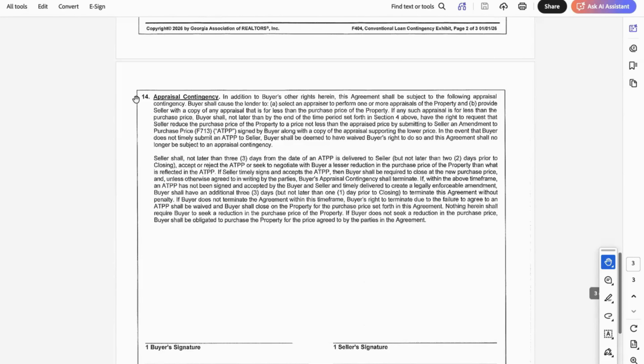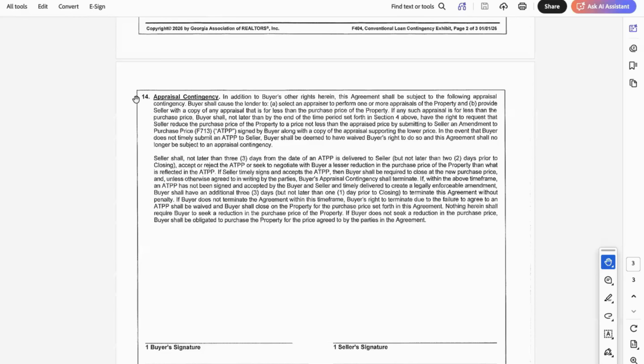14. Appraisal contingency. If appraisal is less than purchase price, buyer must submit an amendment to purchase price, which is the F713, and attach the appraisal. Do so by the deadline in section 4 on page 1.